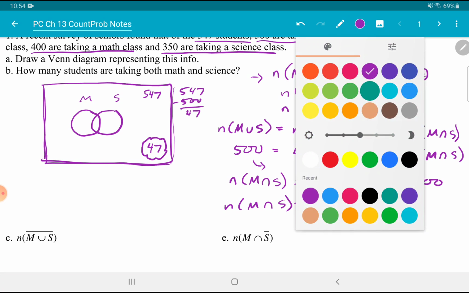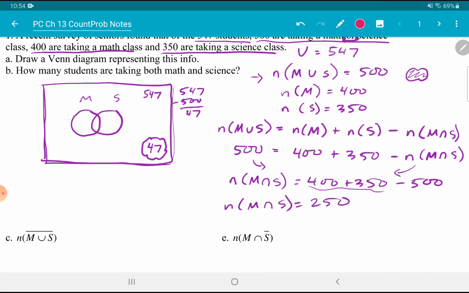Let's fill in some of the parts of the Venn diagram that we now know. So this piece that is math and science, we actually just found that right here, right? This is the number of students taking math and science. Inside that, we've got 250 students, okay?